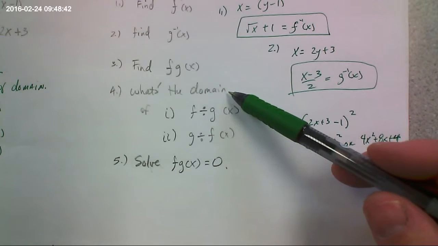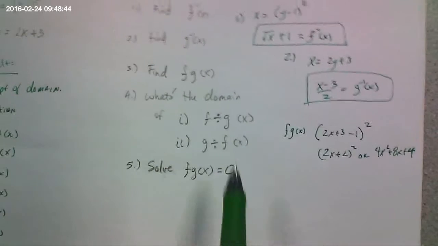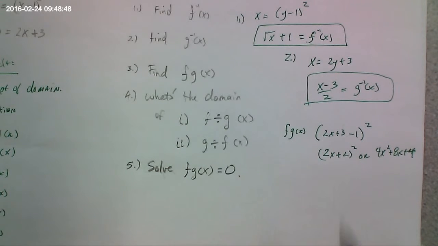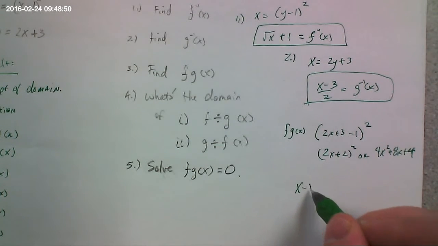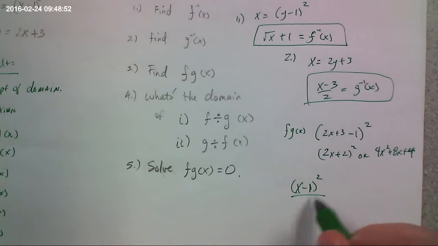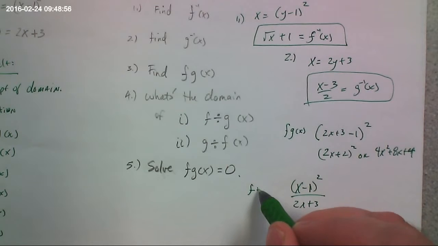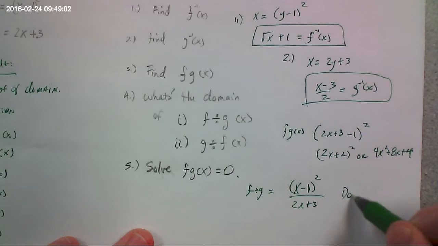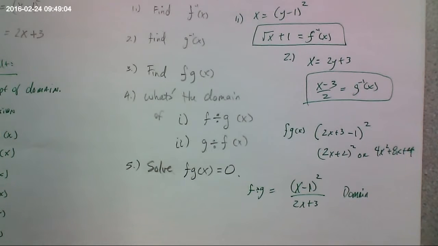Last 2. All right. Now's where it gets tricky. Which is the numerator, f or g? Tell me. F. So that's going to be (x minus 1) squared divided by (2x plus 3). Right? So the domain, hold on, the domain means what x cannot be, right? Actually, the domain is what it can be.